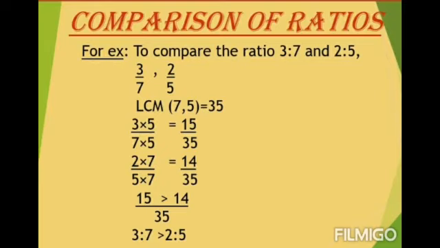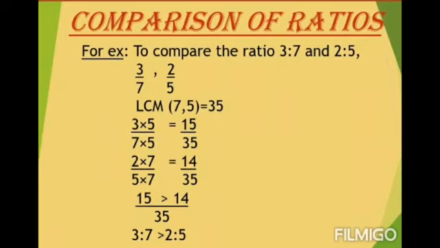The next topic is comparison of ratios. To compare the ratios 3 is to 7 and 2 is to 5, first we have to convert these two ratios into fractions: 3 by 7 and 2 by 5. Now the LCM of 7 and 5 is 35. Convert these two fractions to denominator 35. So first we multiply 3 by 7 by 5, numerator and denominator both.